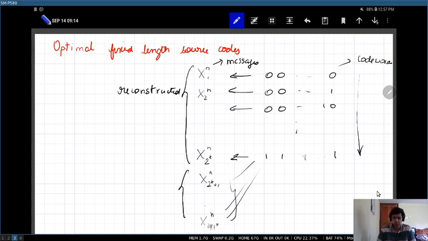So whenever the actual source file is one of these sequences over here, you will be able to reconstruct it without error.